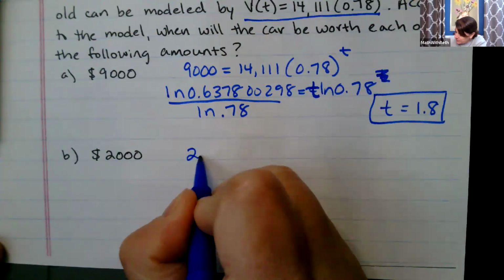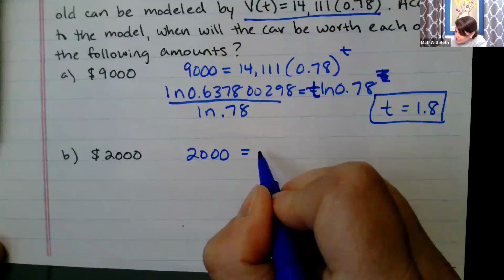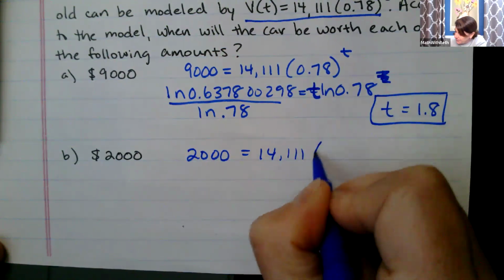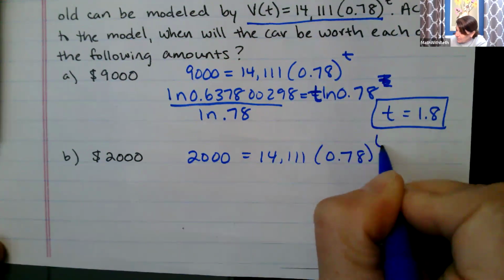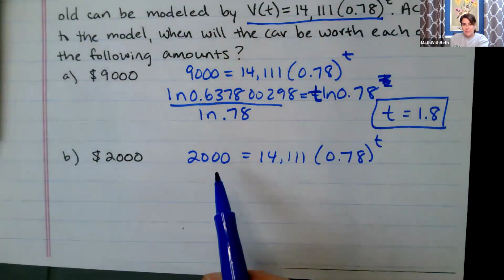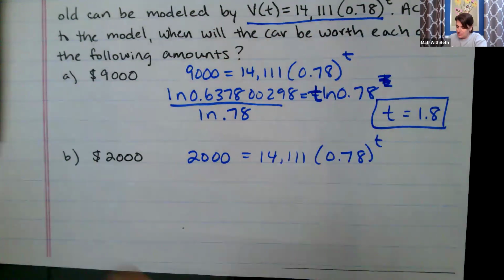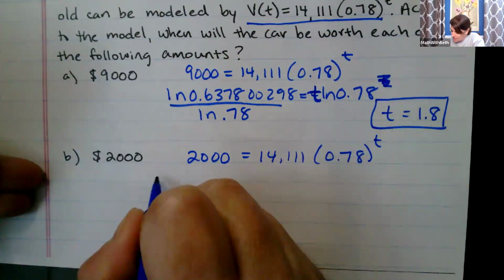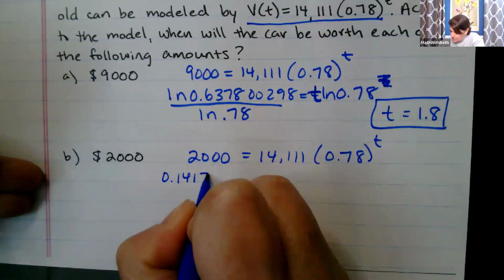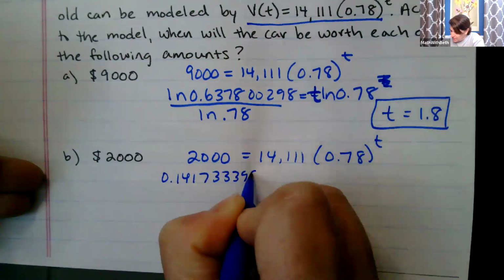So let's try one more. What if the amount was 2,000 instead of 9,000? Well, your first step would be the same. You're going to divide by that 14,000. And again, I'm going to just write as many numbers as I see because I don't want to round.